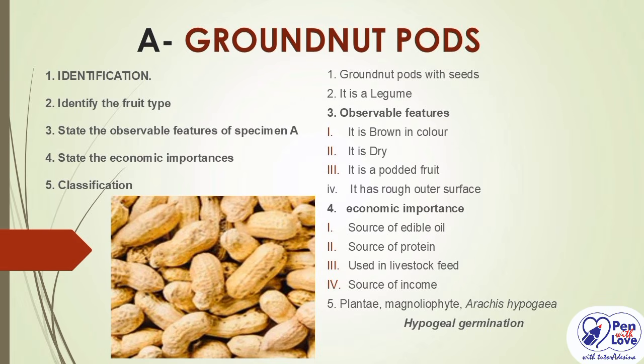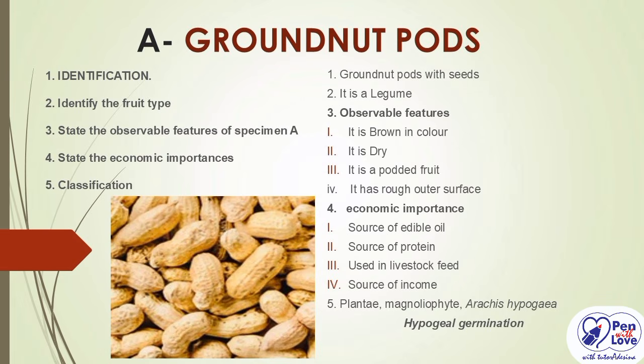When you want to identify specimen A, we say specimen A is groundnut pod with seeds. Mind you, don't just write groundnut pod, because the one you are given is not empty. So make sure you signify there that it's with seed.